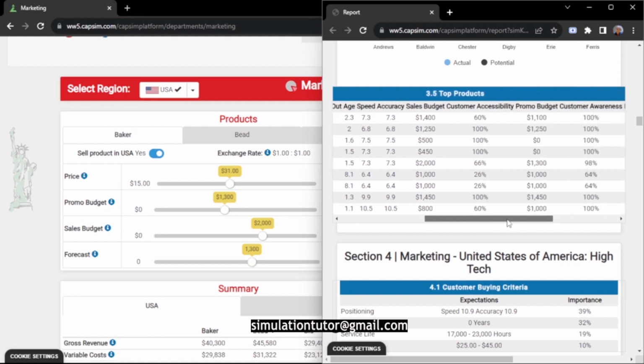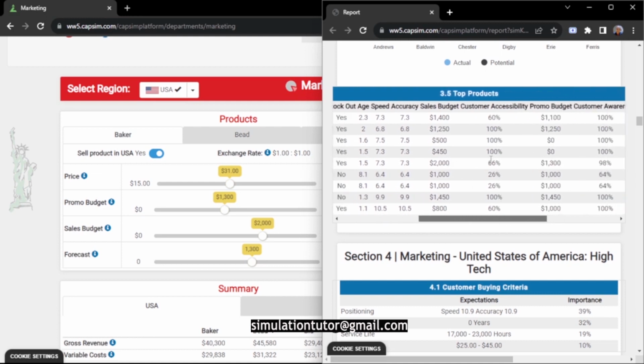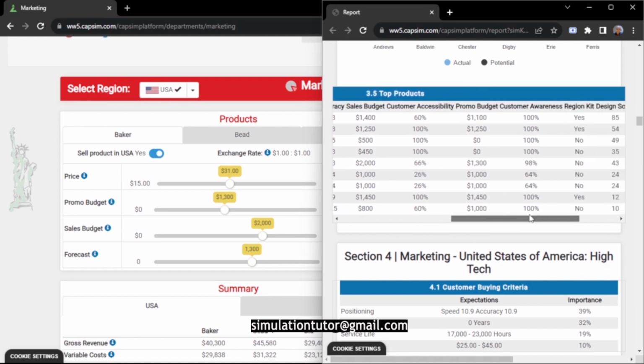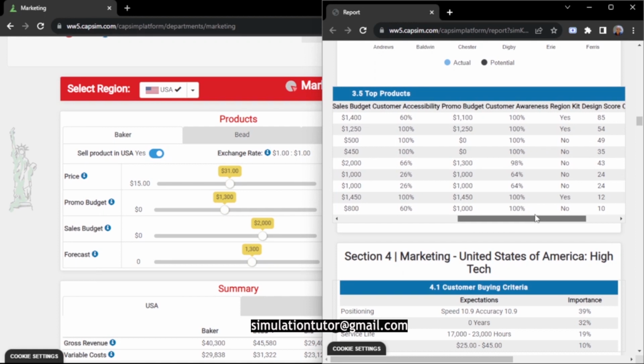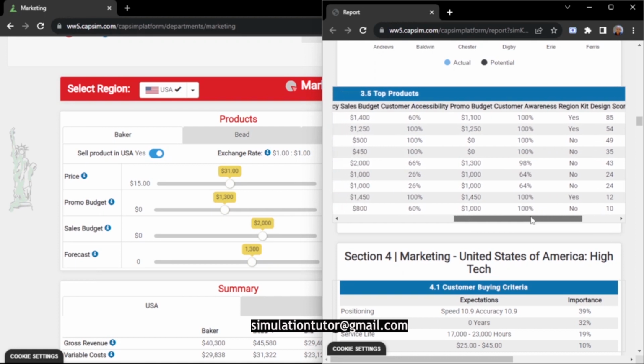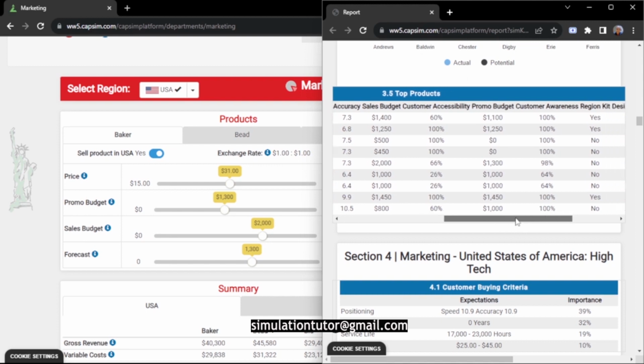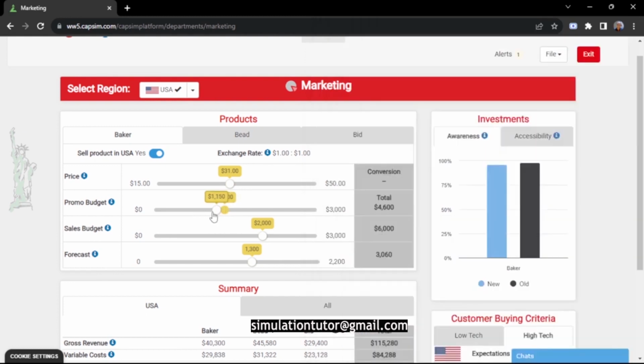Becker has an accessibility of 66% and awareness of 98%. Because the awareness is almost 100%, I'll reduce my promo budget and just invest $100. So I'll invest 100 for the Becker product.